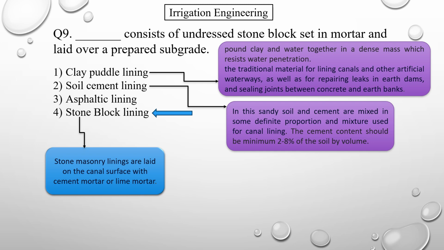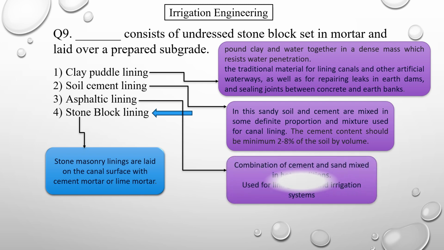Soil is in very large quantity, and the cement is 2 to 8% of the soil quantity, within a definite proportion, and this is used to line the canal. Then next is asphaltic lining. Asphaltic lining is a combination of cement and sand in hot condition, and this is also used to line canals and irrigation systems.